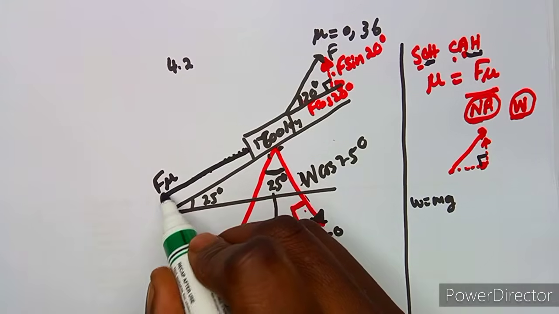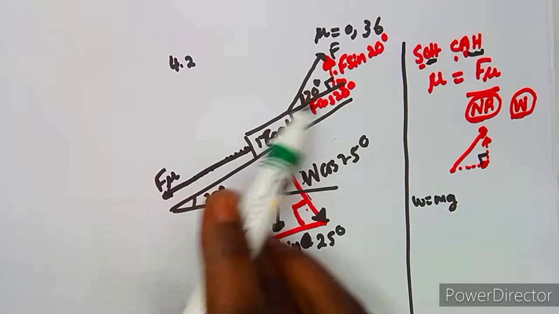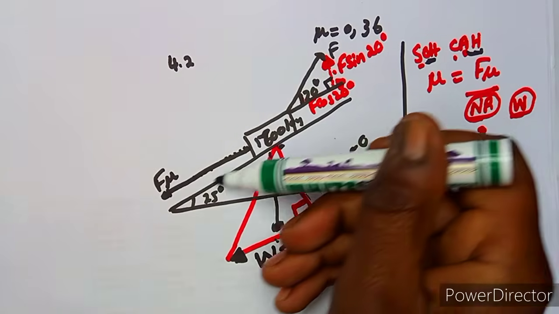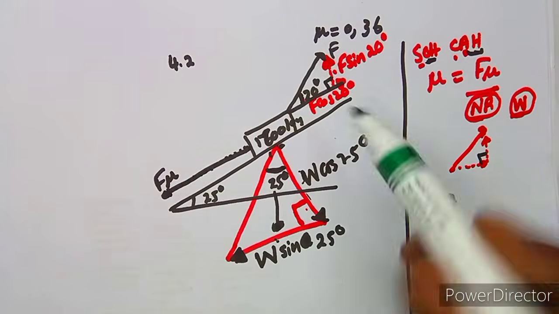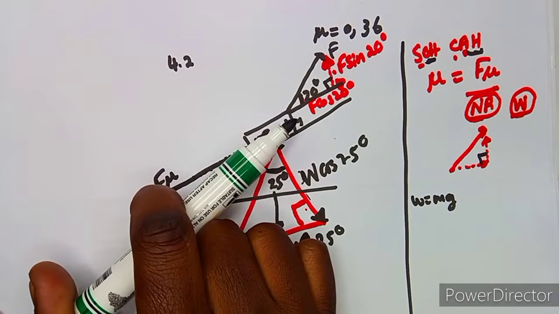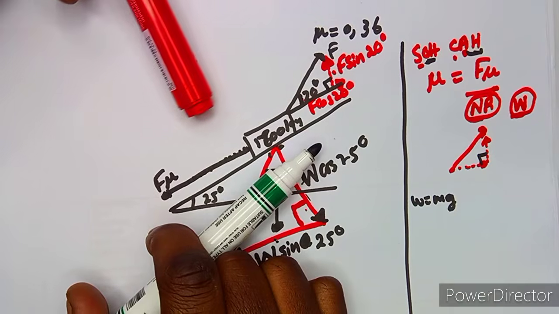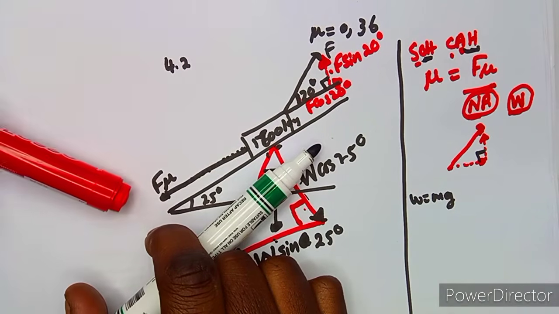So this will be the frictional force, because we are pulling, we are going upward there, so definitely the frictional force will be going the other way. That is how you work it out. Remember, you are going up and another force is pulling down this way. So this is where you're going to have your frictional force.